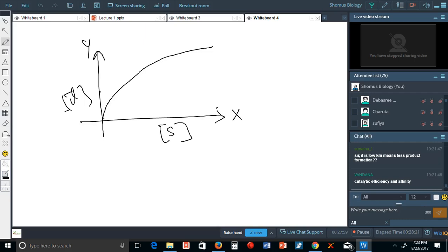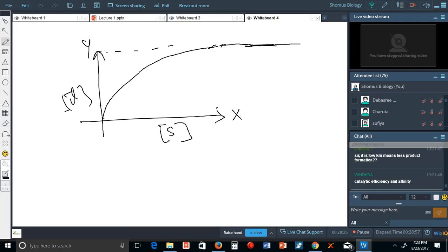If you continue to increase the substrate concentration, as the enzyme's active sites are free, they will continue to bind the substrate and convert it into product, so the velocity rises until a specific point. After that, even if we increase the substrate concentration, the velocity will not increase more, because all the enzyme's active sites are saturated with substrate.